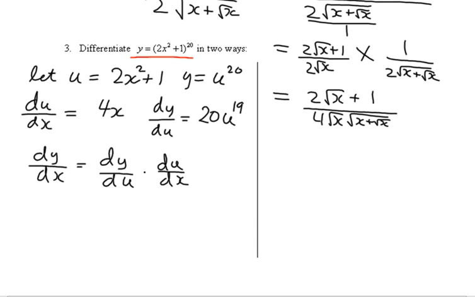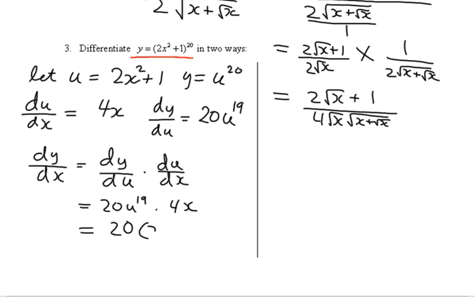We have all the parts we need now to substitute into that formula, don't we? So for dy du, I put 20u^19. And for du dx, I put 4x. In the next step, I can actually put in what u is.